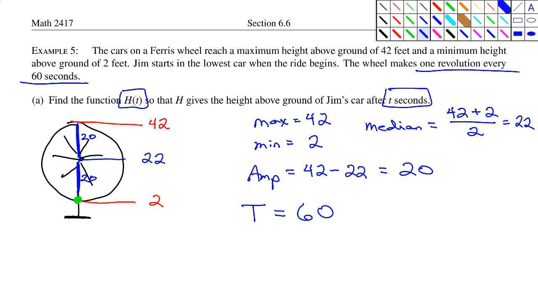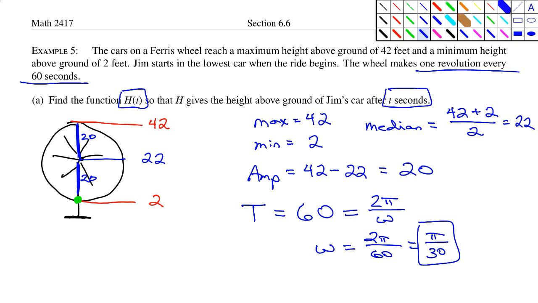All right. Since the period is 60, we have 2 pi over omega. Do the old switcheroo here. So omega is equal to 2 pi over 60, which is pi over 30.